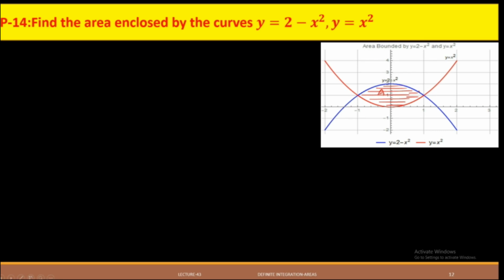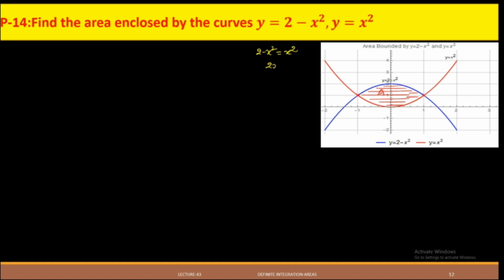Now to find out the region, we need to find out these points of intersection. To find these points of intersection, we need to solve these two equations. Let me solve these two equations. It is 2 minus x square is equal to x square.